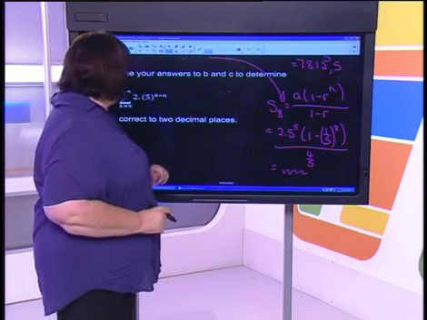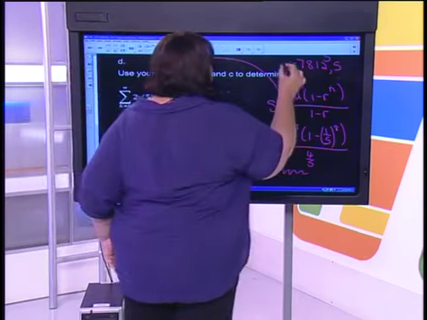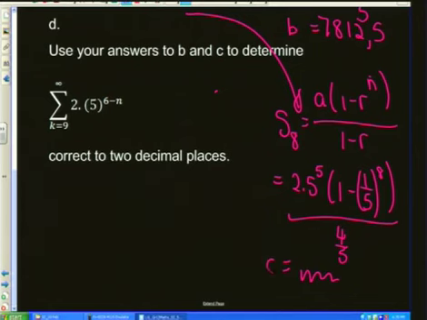So it now says to you, use your answers to B and C. So your answer of B is here, and this would have been your answer of C, to calculate this next one. Now notice what they're doing. They're summing to infinity, but they're starting it from k equals 9. Now remember, the original started at k equals 1.